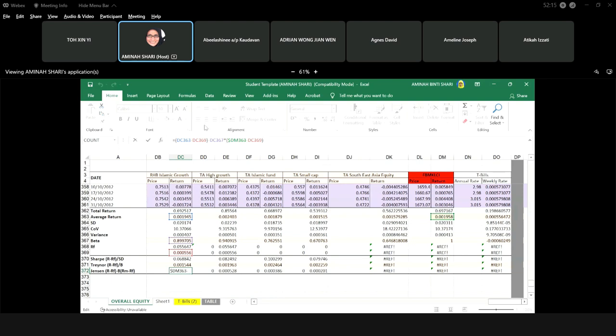So I put here lah. Okay. So you akan dapat dia punya value. Ini adalah positif. Okay, positif Jensen Alpha. Semua positif Jensen Alpha. So maksudnya portfolio manager ni dia ada ability lah to beat the market.